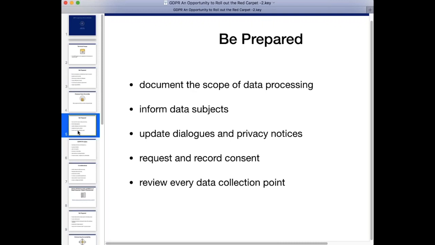This is done through dialogues and updated privacy notices. Also make sure that you request and record consent. The GDPR has some very specific requirements for this, but let's look more into that later. So also make sure your privacy statements are updated and that you review and consider the GDPR requirements for every point where you collect personal data.